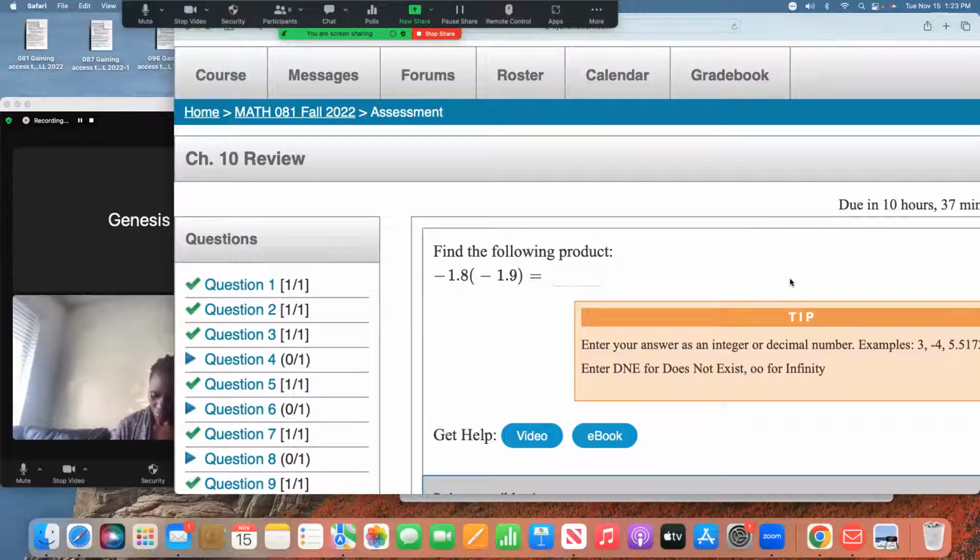All right. It says product, and basically the way the problem is written, it implies that you multiply the 2. So you get out your pencil and multiply 1.8 and 1.9. And so I'm going to quickly do that.